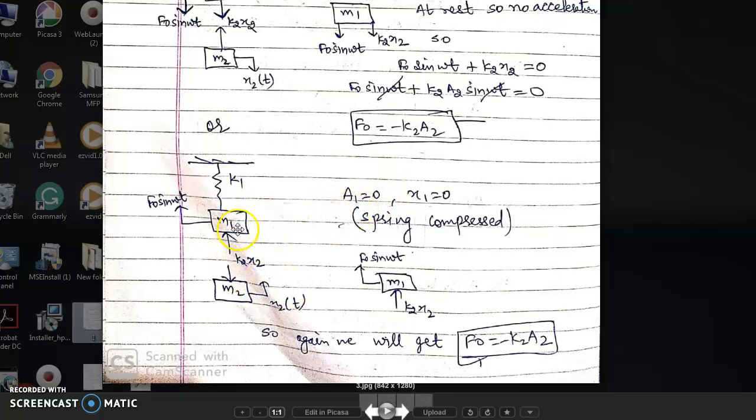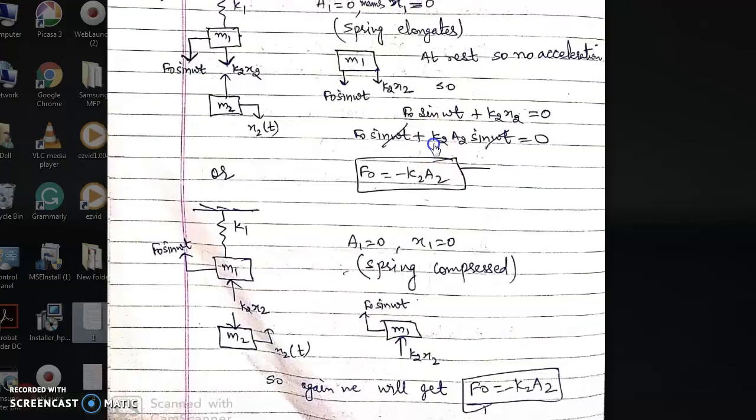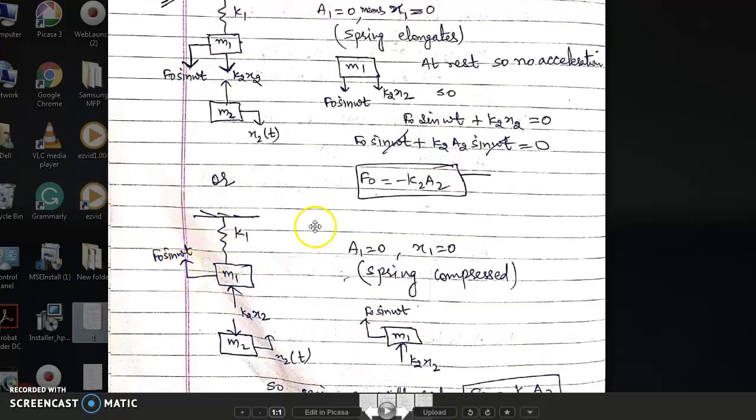So now what will happen? This spring will be compressed because X2 is moving upward, and the force exerted will be in the opposite direction. Applying the free body diagram and Newton's second law, F naught sin omega t is upward, and minus K2 X2 is also upward. So again I get F naught is equal to minus K2 A2. So this kind of motion occurs to satisfy this condition.